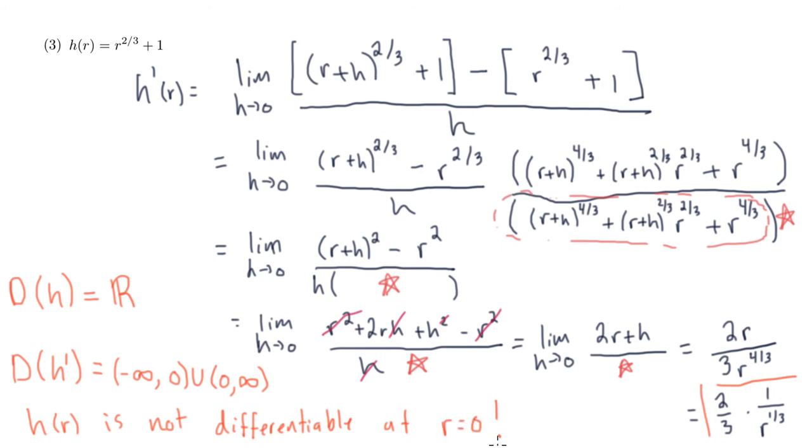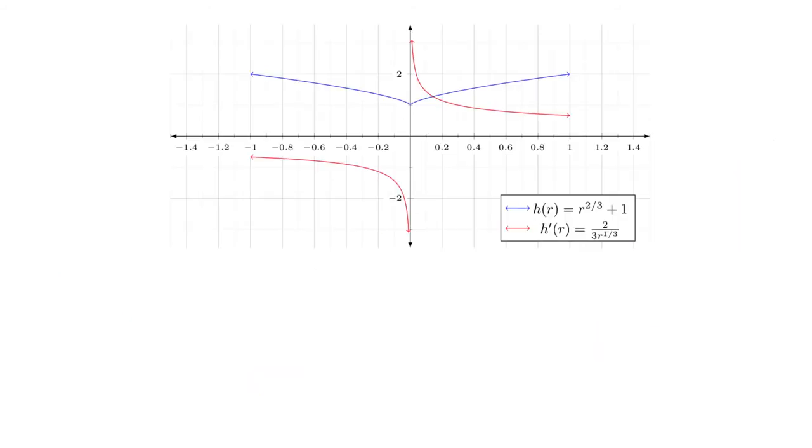And what we'll see is that, again, we have another cusp. Okay, so here in blue, we have the original function h of r. And then in red, we have the derivative function h prime of r. And what we can see is that the slope, as we go from the left, is going down to minus infinity.